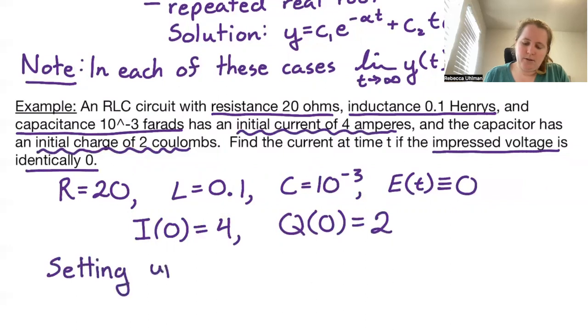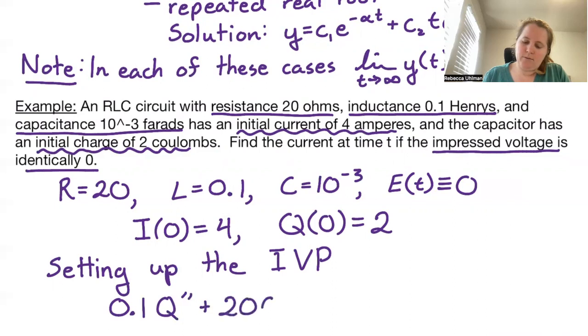So setting up the IVP. We have 0.1 times Q double prime plus 20 times Q prime plus 1 over 10 to the negative 3rd times Q is equal to 0.